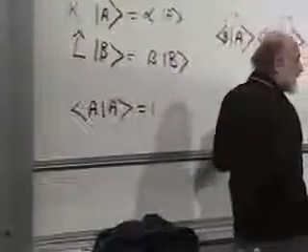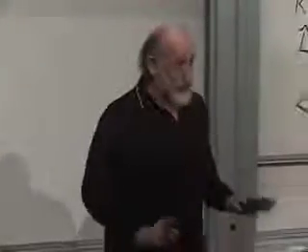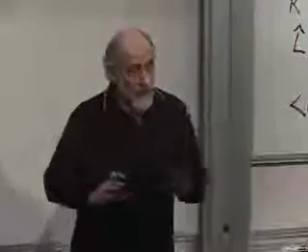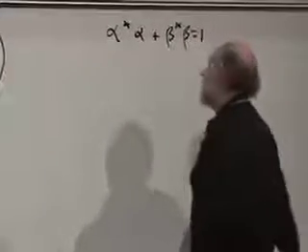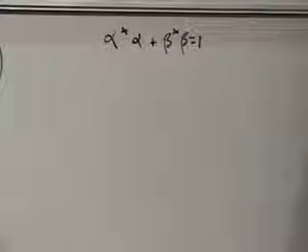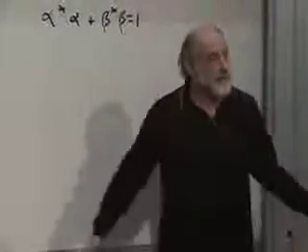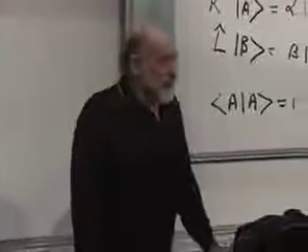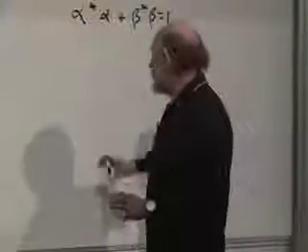So a general vector in the vector space has 4 real parameters associated with it. Now, first of all, there is one combination that we set and freeze, namely alpha star alpha plus beta star beta is equal to 1. That's the condition that the sum of the probabilities add up to 1. So we started with 4 real parameters, one equation among them. How many are left? 3. Okay, so there are 3 parameters left over.